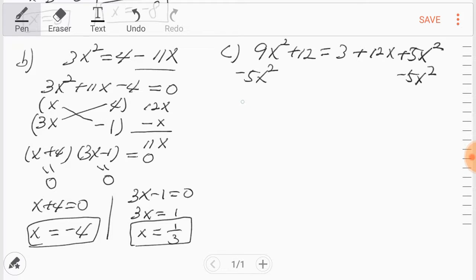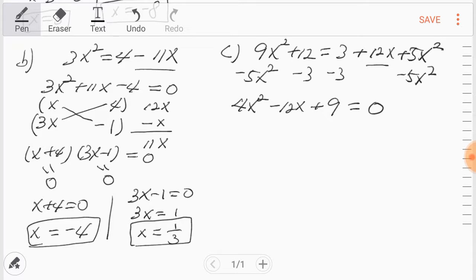Then 9 minus 5 is 4x squared. Move 12x to the left, and it becomes minus 12x. Move 3 from right to the left, so subtract 3 from both sides, then 12 minus 3 is positive 9, plus 9 is equal to 0.